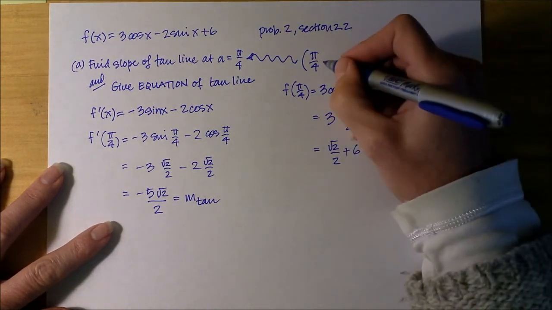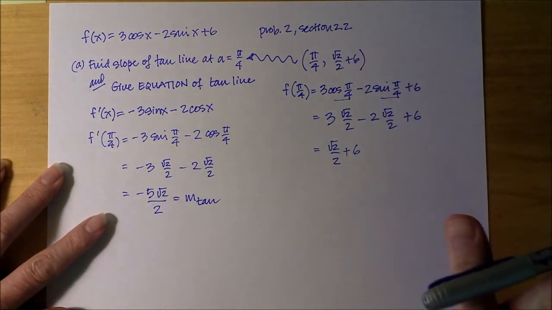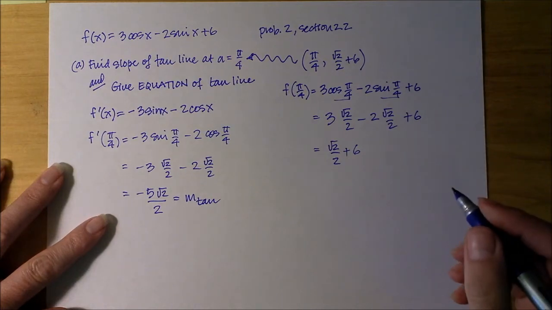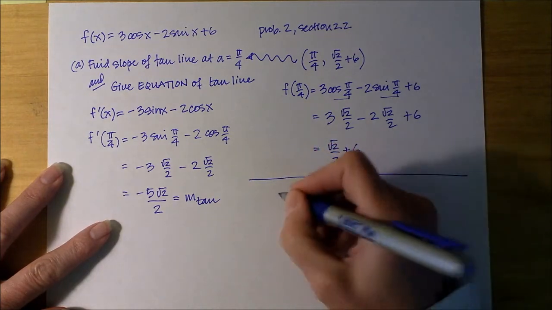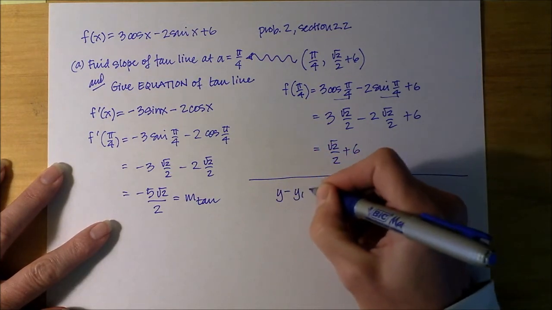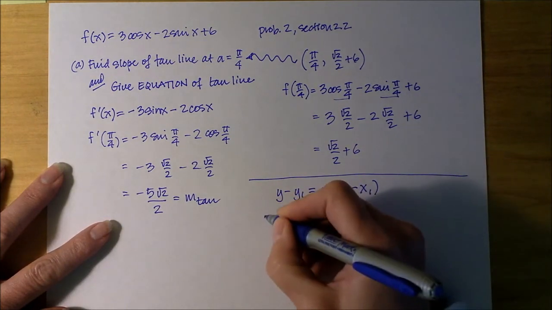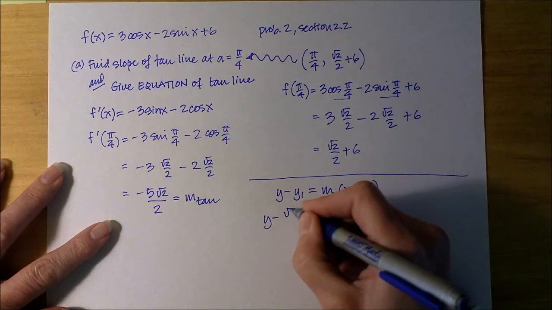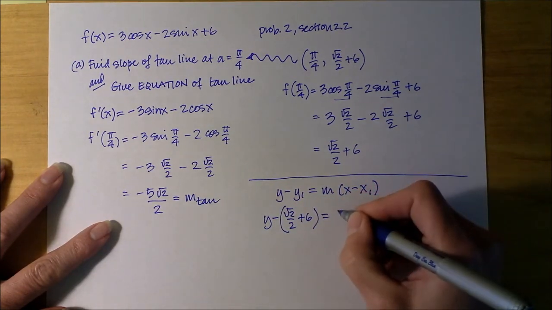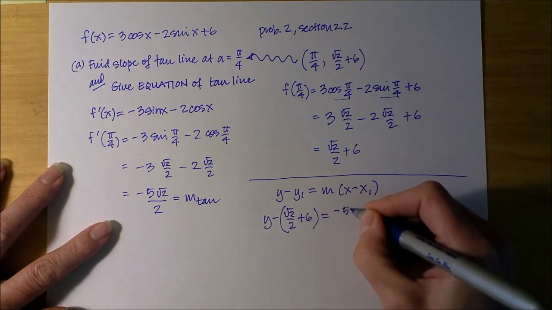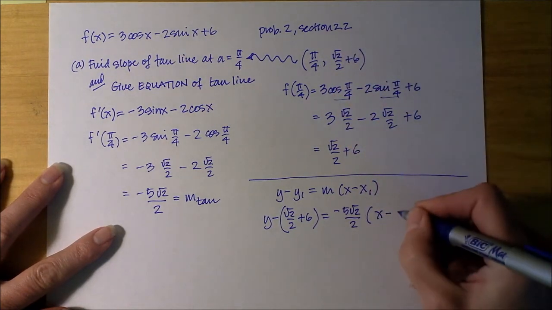So that's the y part of the point, square root of 2 over 2 plus 6. If we take all this together and plug it into the equation for a line, I'm going to use this one: y minus y1 is equal to the slope times x minus x1. So y minus the y part of the point, root 2 over 2 plus 6, is equal to the slope, that's this part, negative 5 times radical 2 over 2, times x minus the x part of the point, pi over 4.